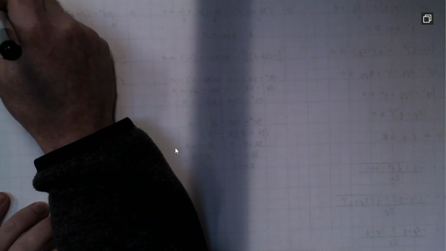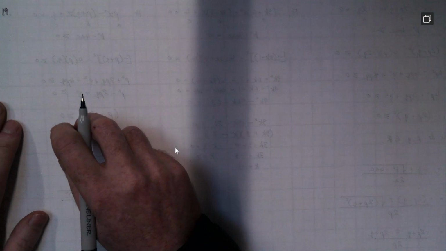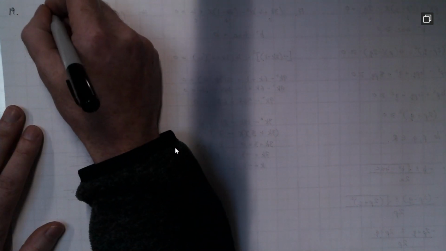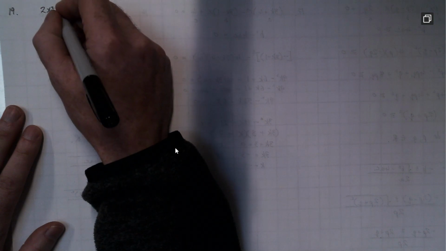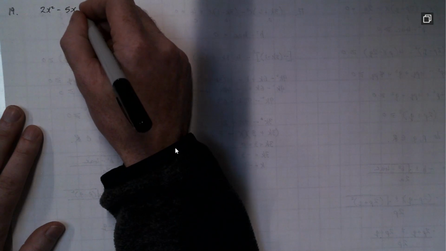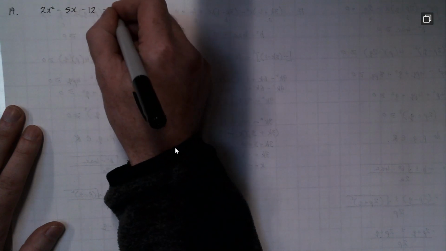Now, mark the question. In the question, there's an equation: 2x squared minus 5x minus 12 equals 0.